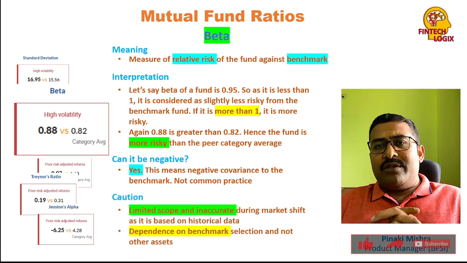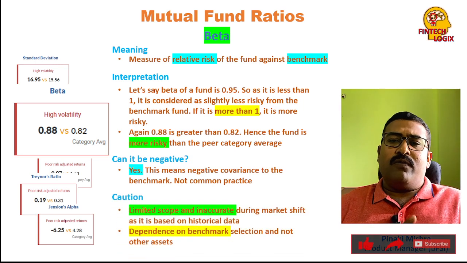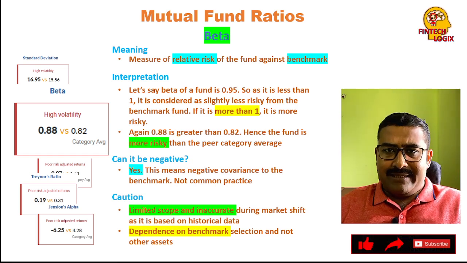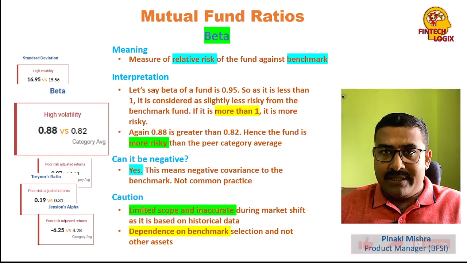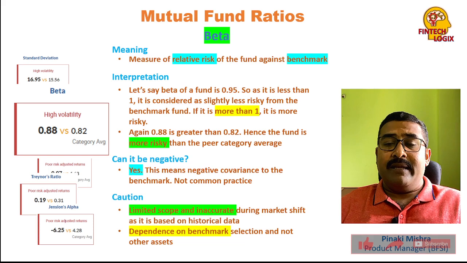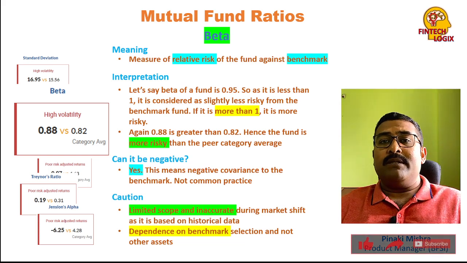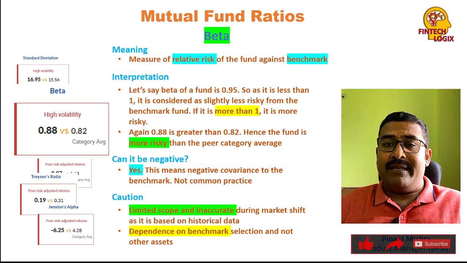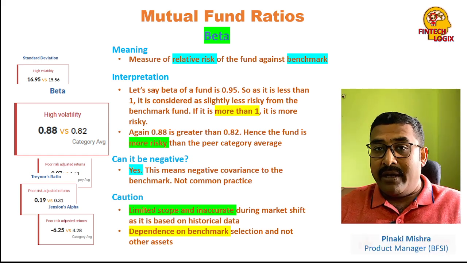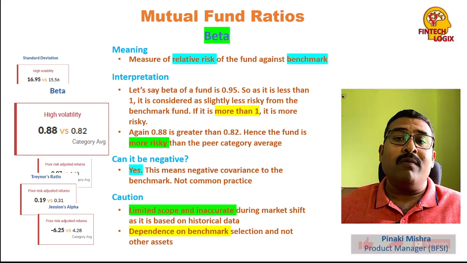Now, there are some cautions to follow while we use this for our investment decision. The first thing is that this becomes limited in scope and inaccurate where there is a lot of volatility in the market.